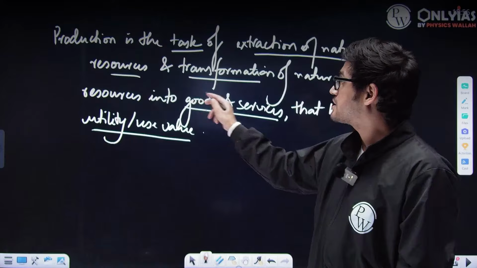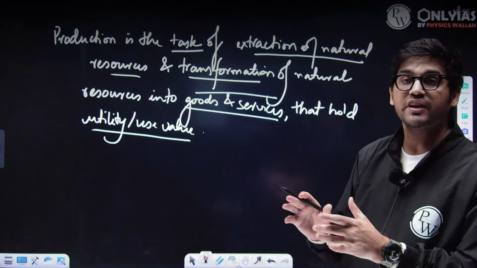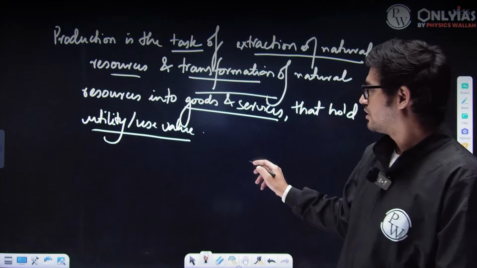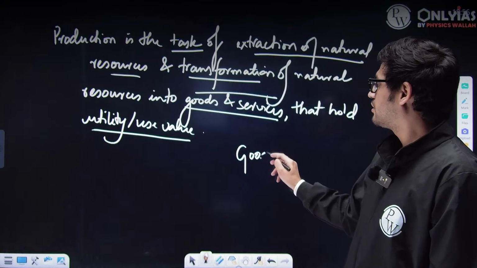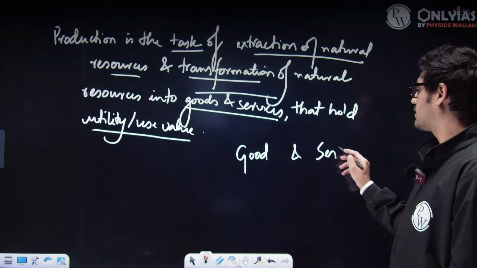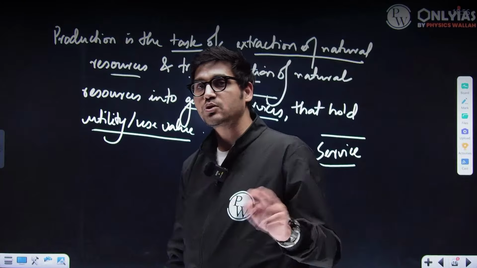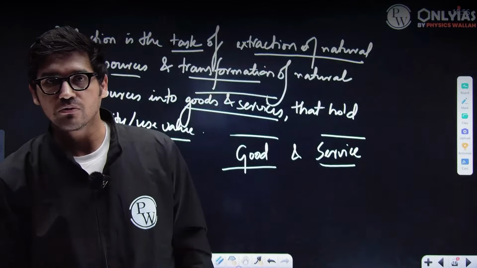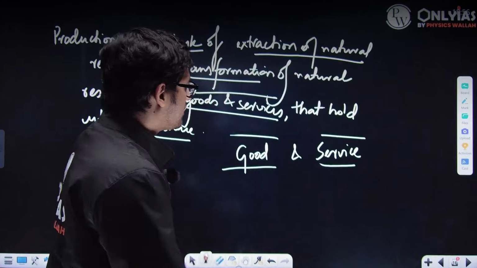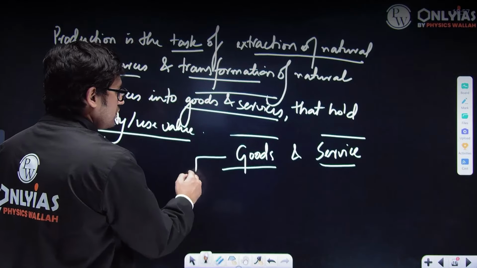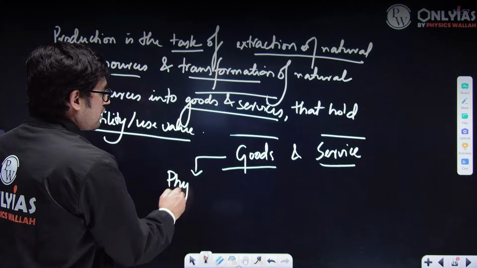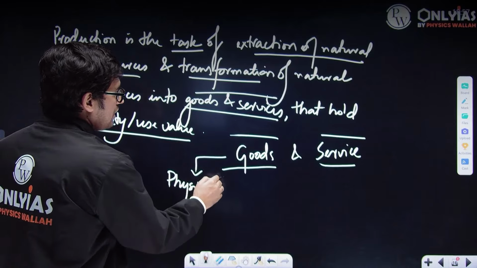Now, what are goods and what are services? What is the difference between these two? What could be a good and what is a service? Keep in mind that goods are physical items.